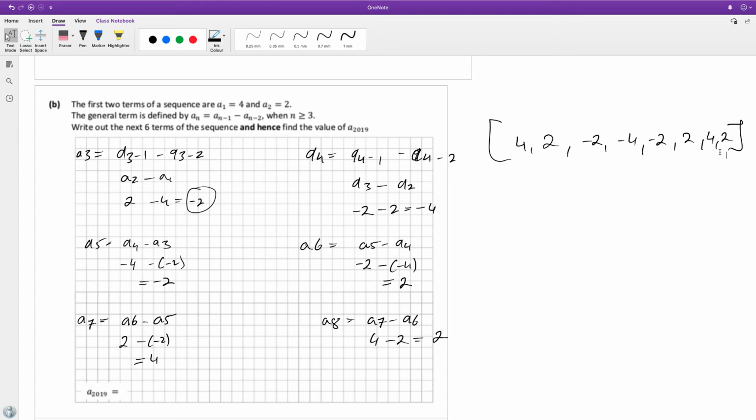T2 over T1. So we'll check is it geometric. T2 over T1 is equal to T3 over T2. 2 over 4 is a half, is not equal to minus 1. Not geometric. Right. What are we going to do so it's not geometric?